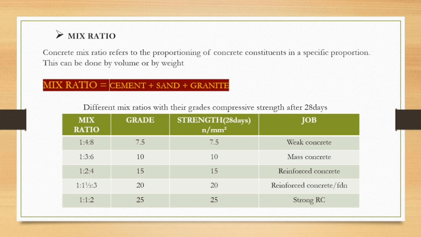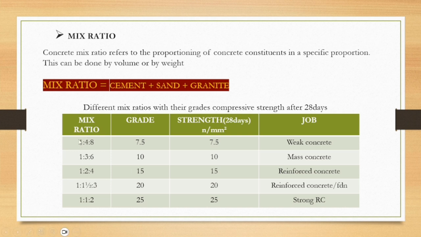And before we can do our calculation, the reason why I'm bringing this note on mix ratio is because we need to know our mix ratio, and we need to know the quantification of what we are doing before we can do our calculation. So I give different mix ratios with their grades, that is their grading, that is their compressive strength after 28 days. So we cure concrete for 28 days, and after 28 days it will attain its maximum strength.